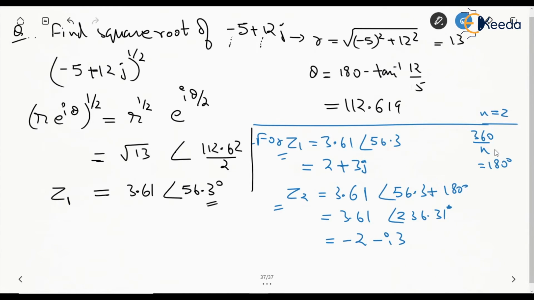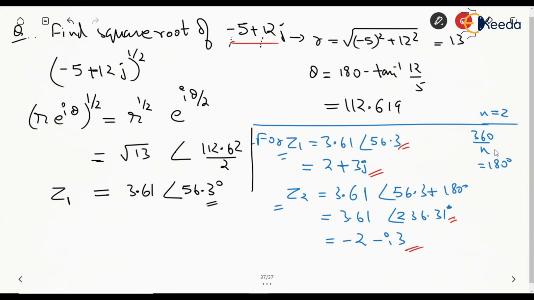So for this z, the two roots we are getting are this one and this one. We are trying to write it in the rectangular form, although the polar form is also available. We can keep it like this if the options allow us.